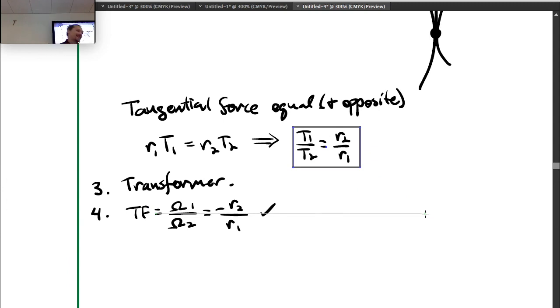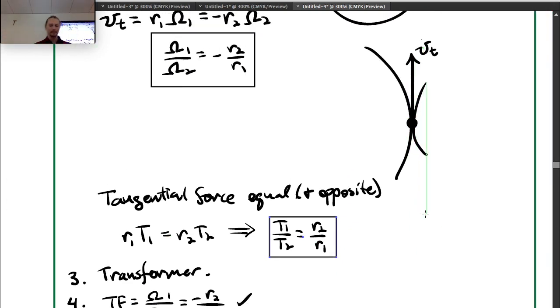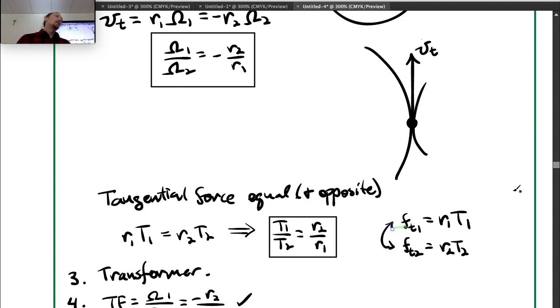For this tangential force relation, shouldn't we write the force is equal to the torque divided by the radius? Yes, so I sort of skipped that step. You're right. So you can say the tangential force 1 is equal to T1 over R1, and the tangential force 2 is equal to T2 over R2, and then we should say these are equal to each other.